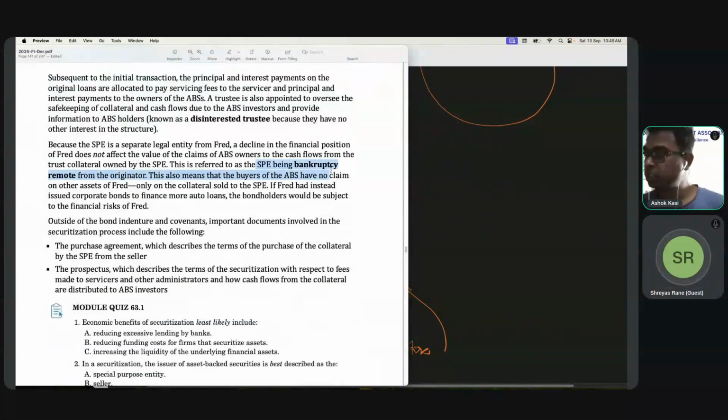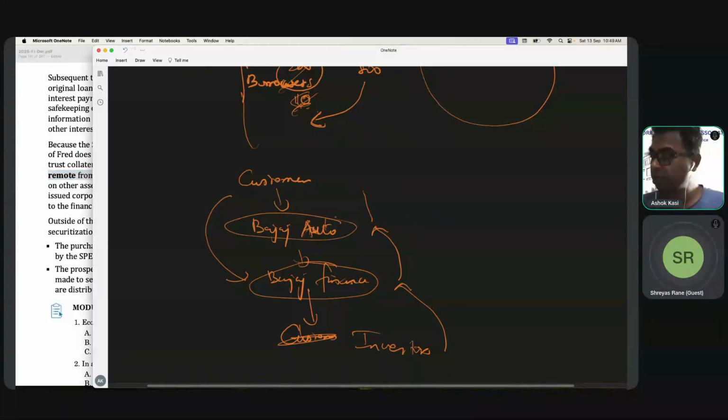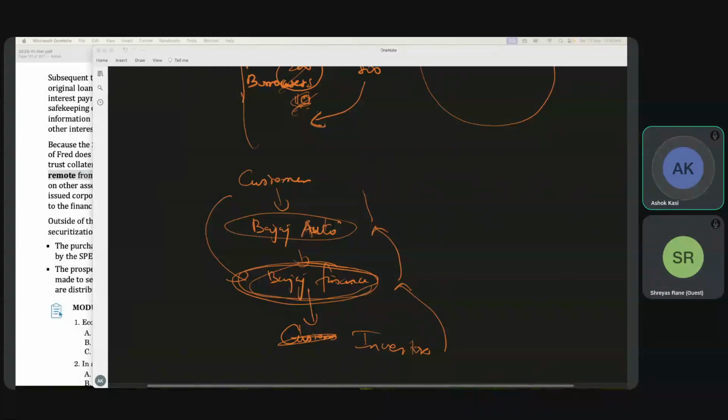So these special purpose vehicles are considered as bankruptcy remote from the originator, because even if the originator becomes bankrupt, this has been given a separate legal entity.